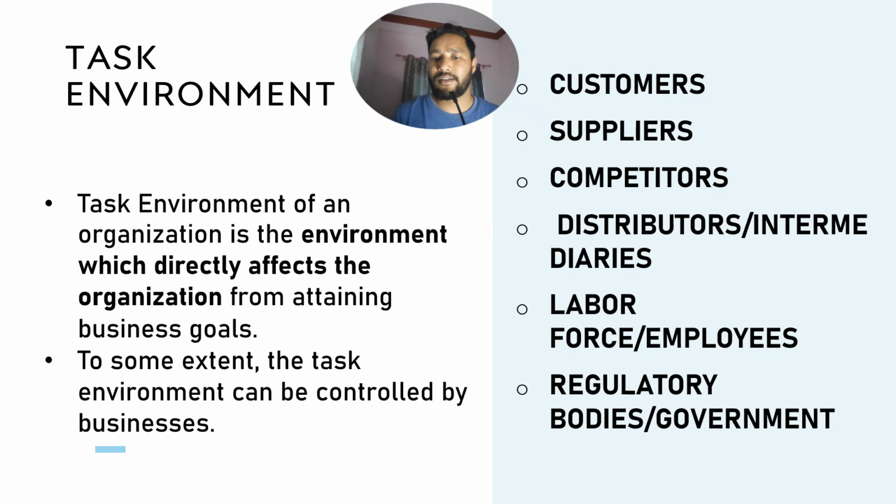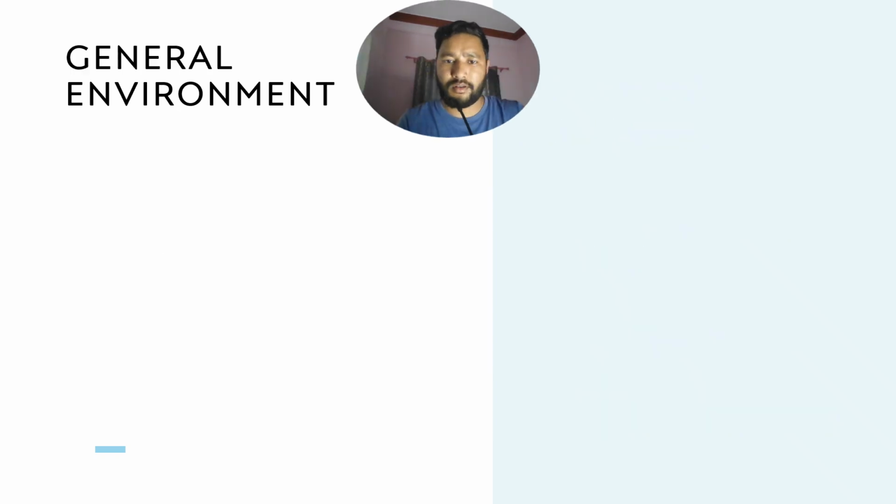Another thing is regulatory bodies and government. Organizations should follow the laws, rules and regulations given by government. And to some extent, the organization also can lobby to change the rules and regulations for the benefit of an organization or industry as a whole.